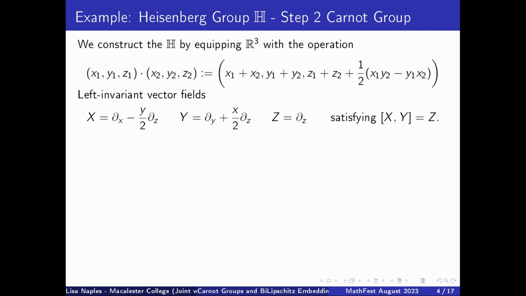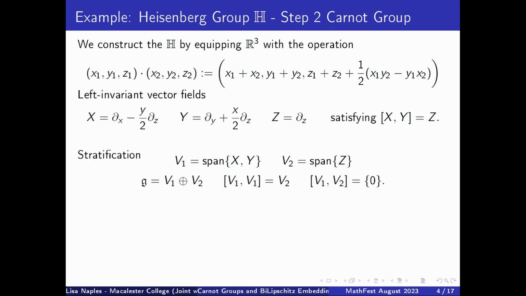Associated to the Heisenberg group, we have left invariant vector fields, and we see that with this x, y, and z, if we take the Lie bracket of x with y, then we get back z. This is the stratification for the Heisenberg group. So our first level V1 is the span of x and y. Our second level V2 is the span of z.